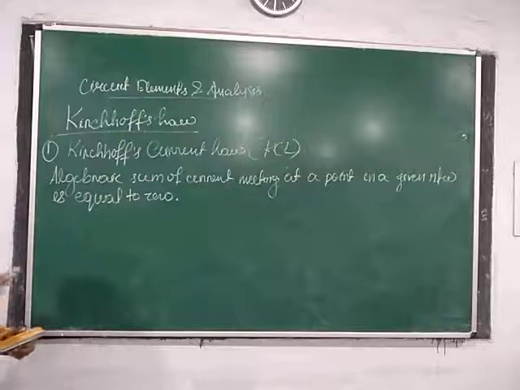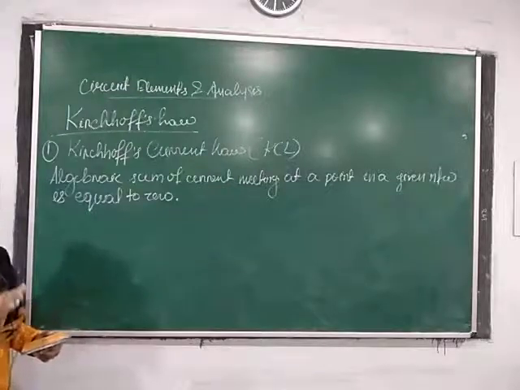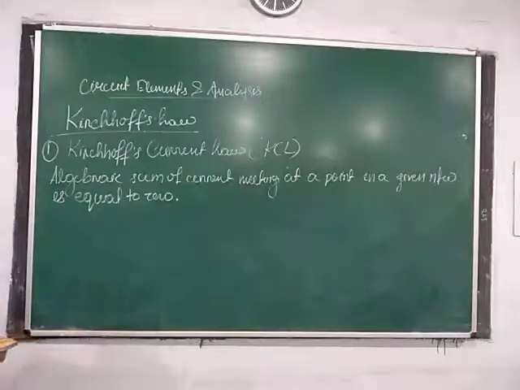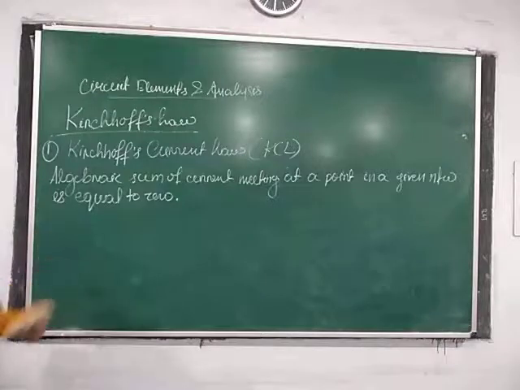Algebraic sum of current meeting at a point or a junction in a given network is equal to 0.